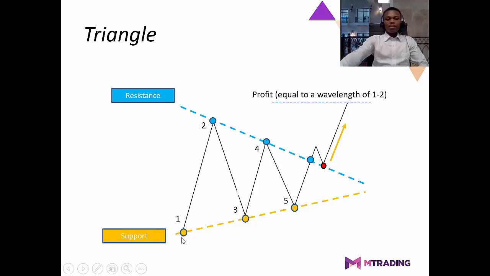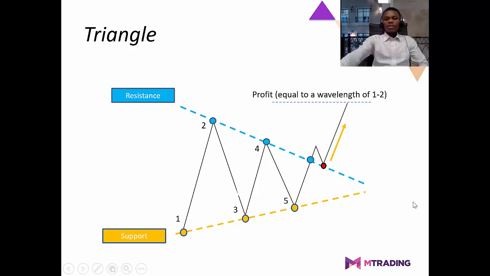The line between point 1 and point 2 is longer than the line between point 5 and this blue point here. Now there is a time when it will happen like this, and when you can trace a line and trace another line, you will see a shape like this, which is a triangle. And how do we now make a trading decision?